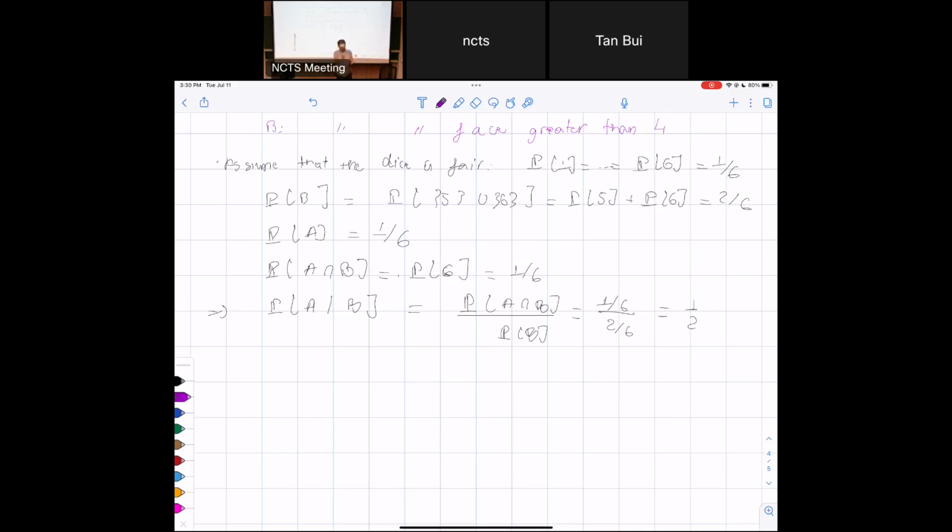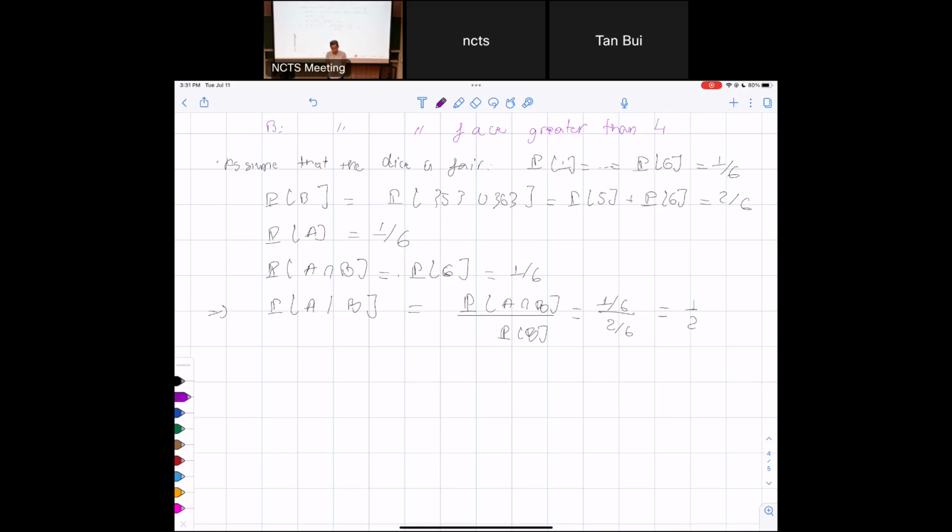The whole space is 1, 2, 3, 4, 5, 6, right? So the probability of A is actually 1/6 because you look over the whole space. Now B has already happened. So you limit your probability space, or sample space, to only 5 and 6. So another way to think about conditional probability is to limit yourself to a smaller sample space.